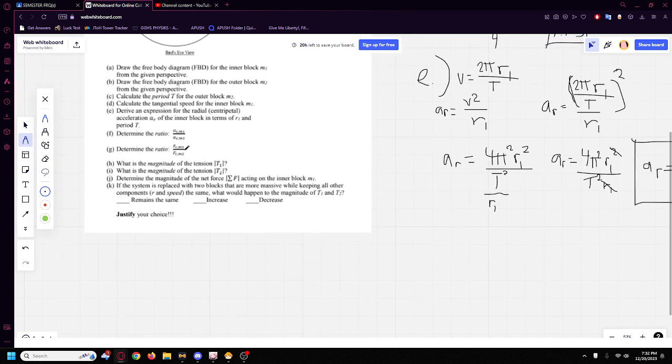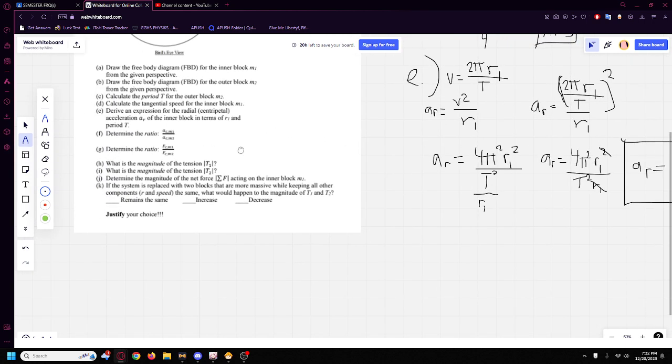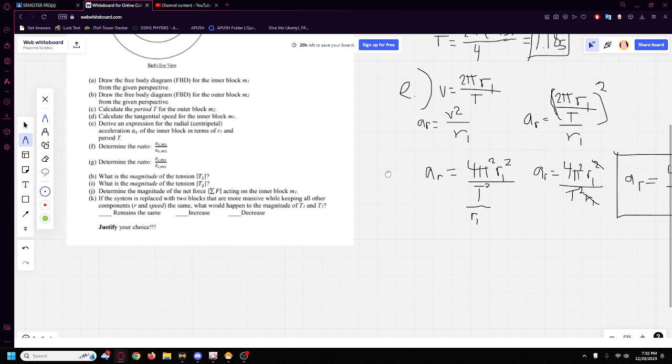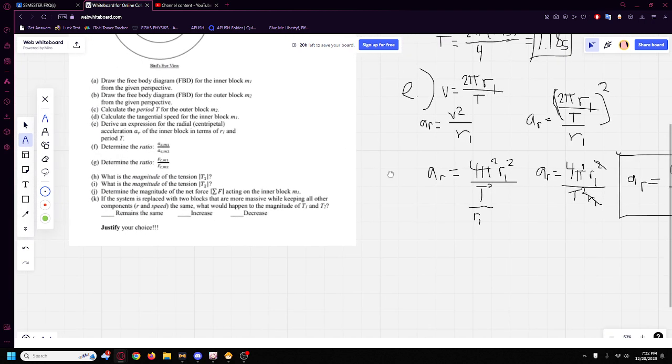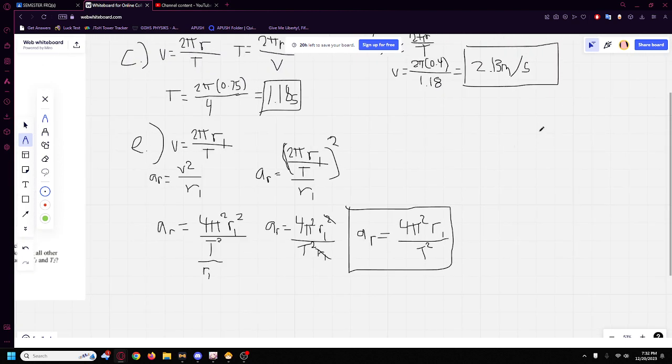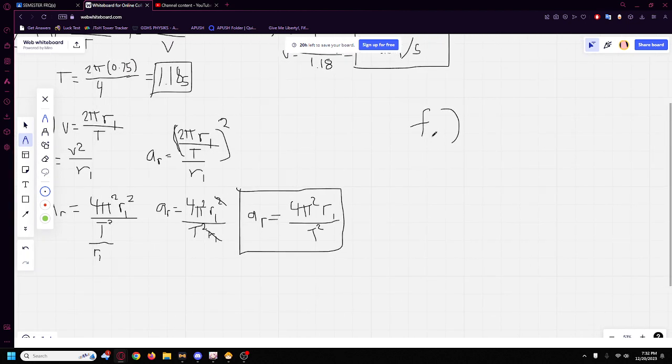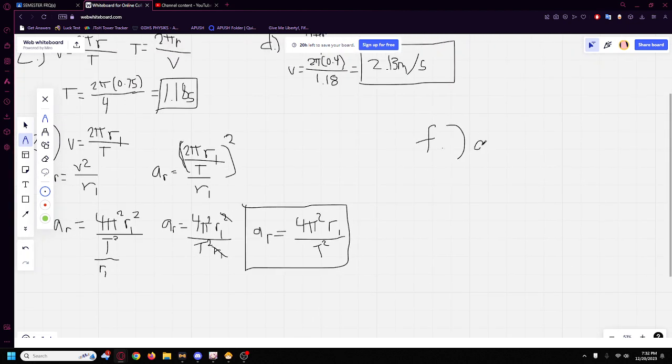Part F asks to find a_c of M1 over a_c of M2.